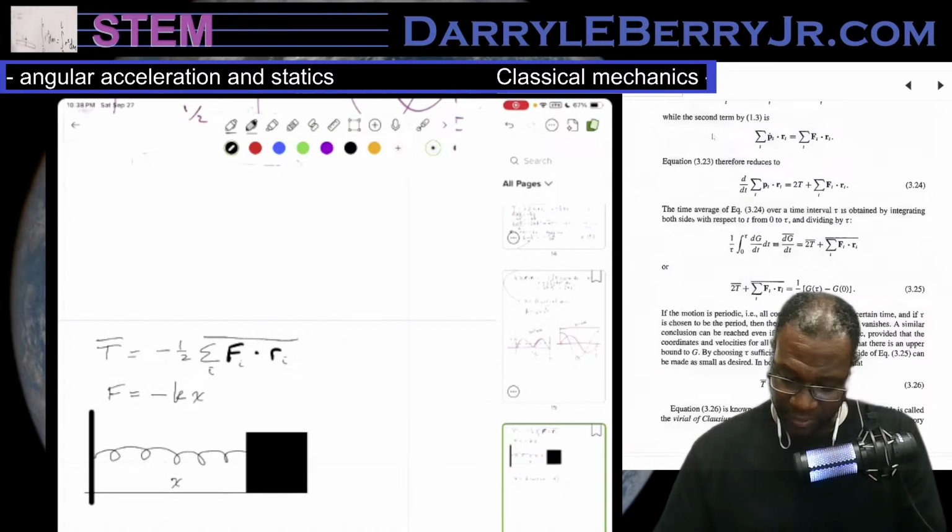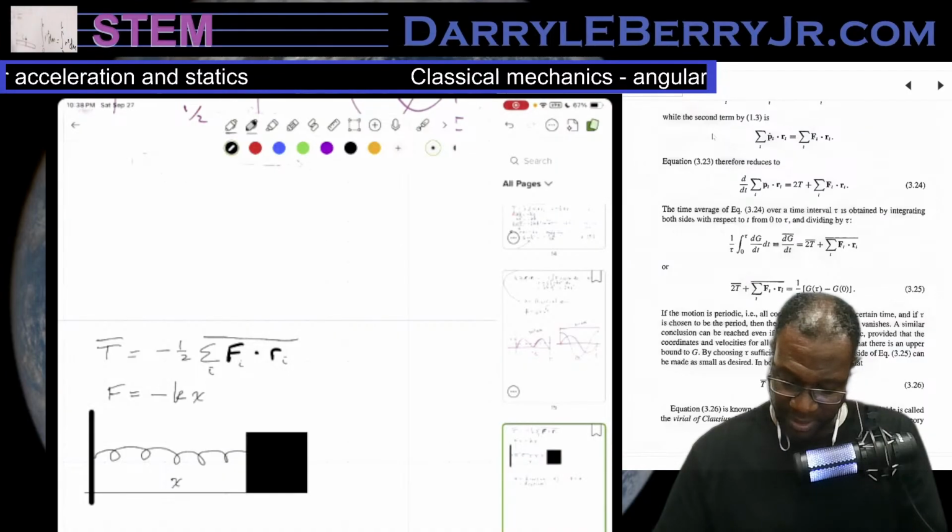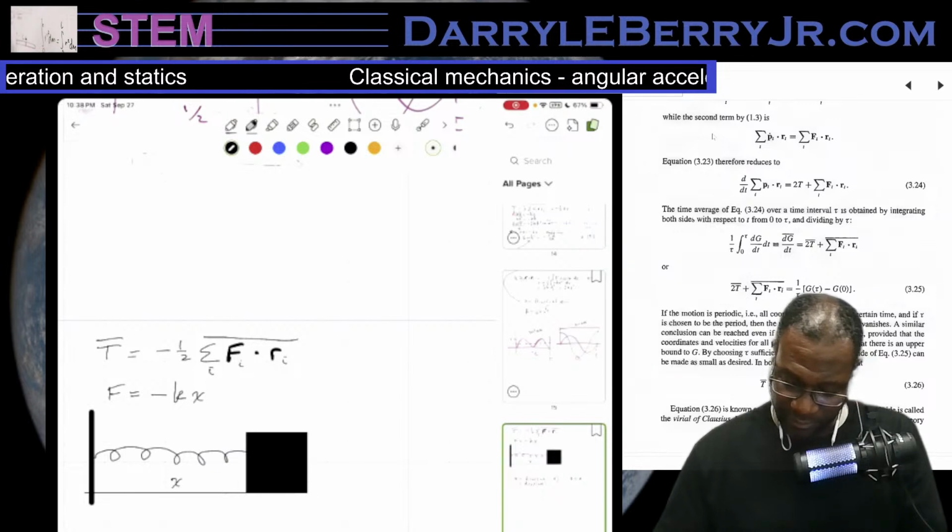And the professor was saying we can consider phi equals 0. So x equals the amplitude times cosine of omega t. So the force would be -kx, which means the force would be -kA cosine omega t.